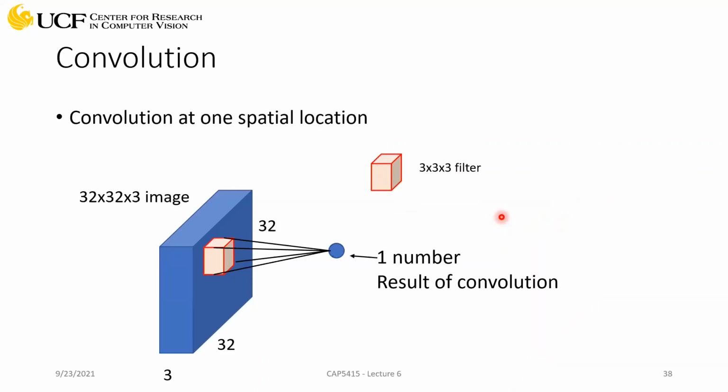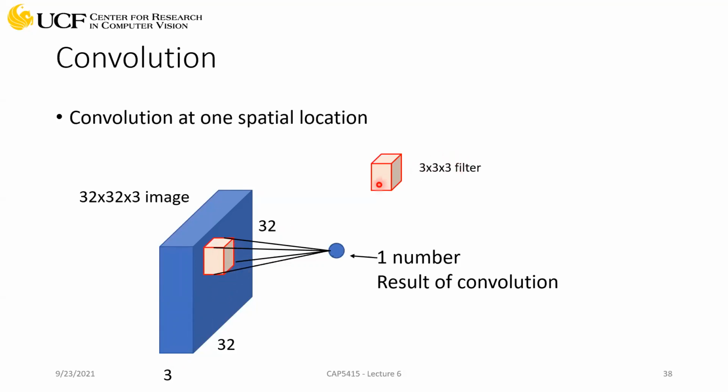All right. So your filter is 3 cross 3 cross 3, right? When you place it at any location, you can see that you're totally covering the depth, and that's the reason the depth should match with the third dimension. So when you place this filter at this location, you find the weighted average, or the linear combination. This patch on the input image will have 27 values, 3 in the depth, and then 3 and 3 in the X and Y axis.